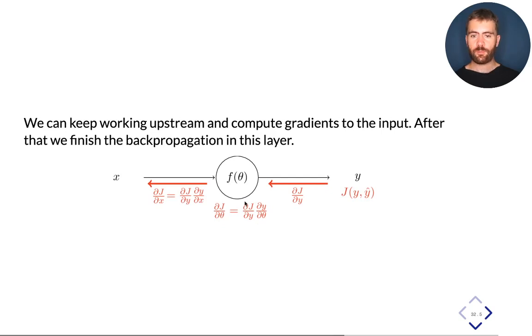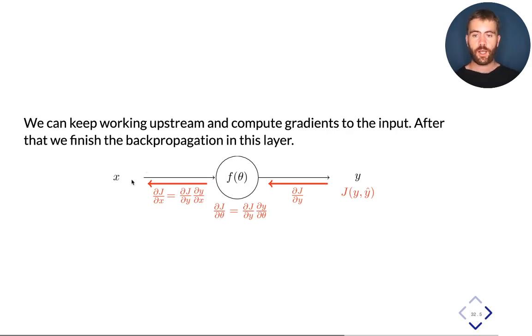Now at the next step, I may want to also compute the derivative of Y with respect to X, which again is going to be useful if X is an input that is also the output of a previous layer.